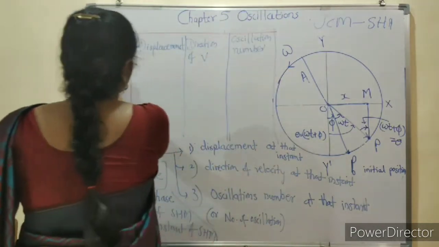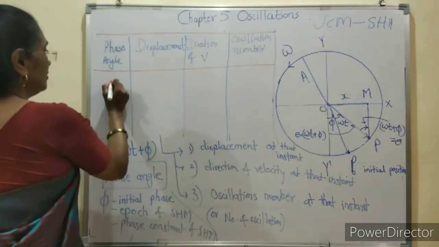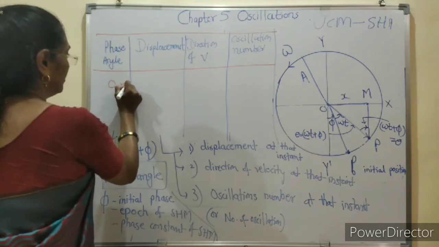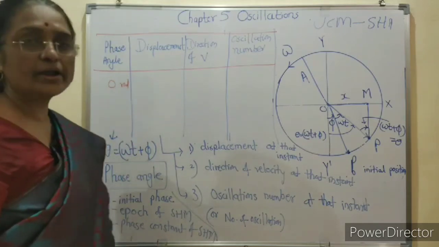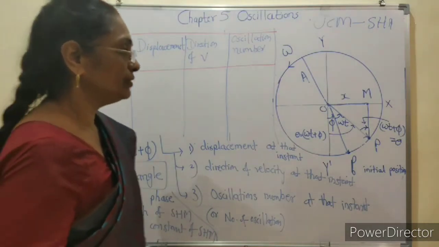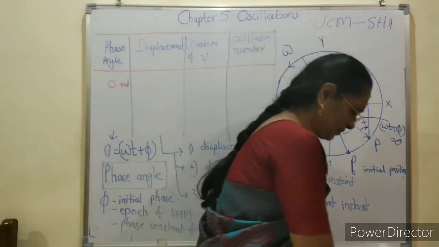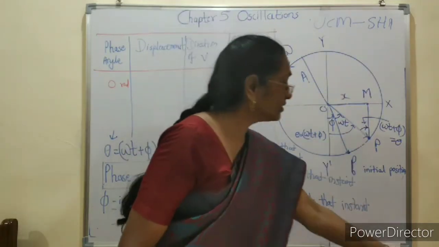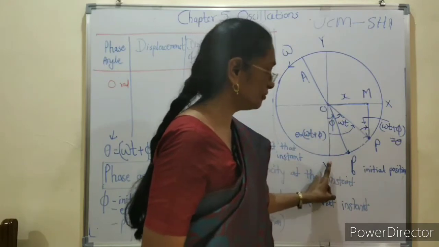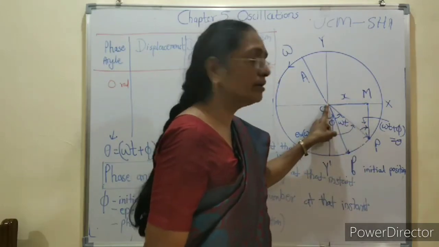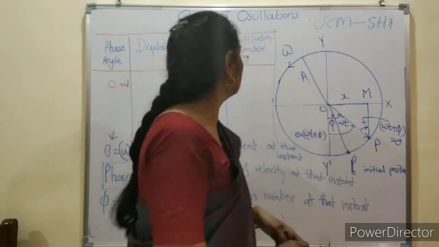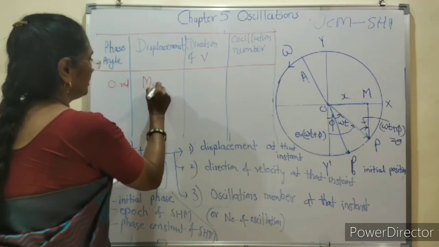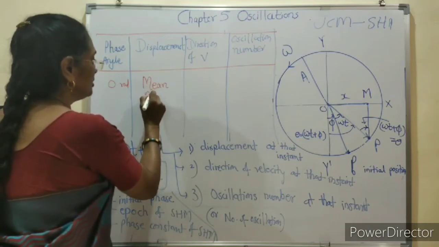Suppose phase angle is 0 radian, means omega t plus phi is 0. Then what can we say here from this figure? The reference particle is at Y dash and the M particle is at O, means displacement can be taken as the mean position.